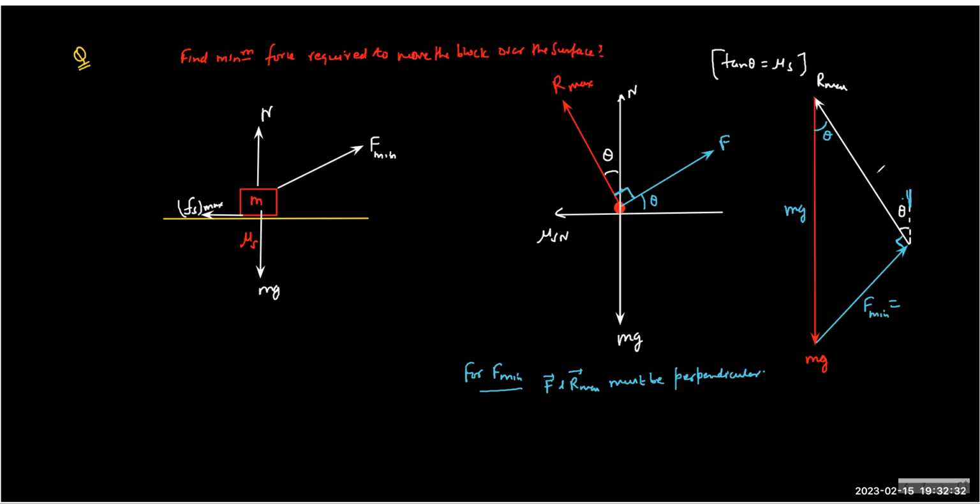Why mg by sin theta, why not mg sin theta? Yes, mg sin theta. This is perpendicular for this angle, and mg acts as the hypotenuse because it's the biggest side.